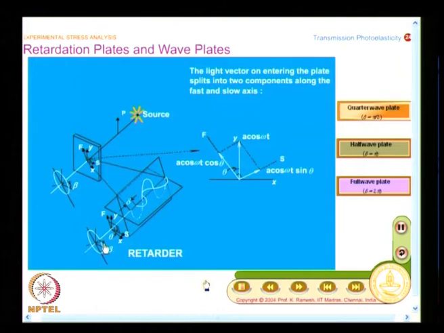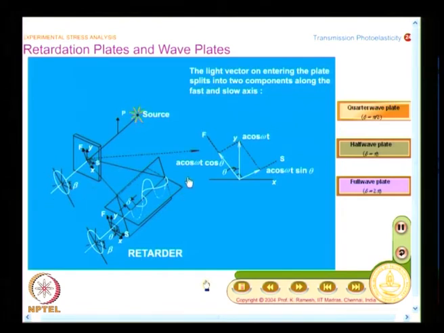I use model and crystal plate interchangeably, please pardon me, and a model behaves like a crystal plate when stressed. In a crystal plate, it is naturally having birefringence, that is the only difference. So, when I have a normal light source, I have a polarizer, and I put a crystal plate, in general I will have a light ellipse. And how has this light ellipse come about?